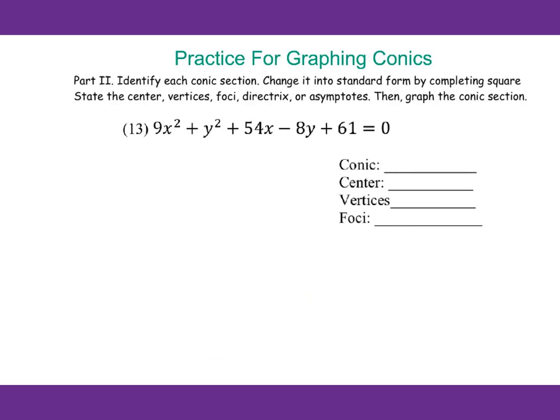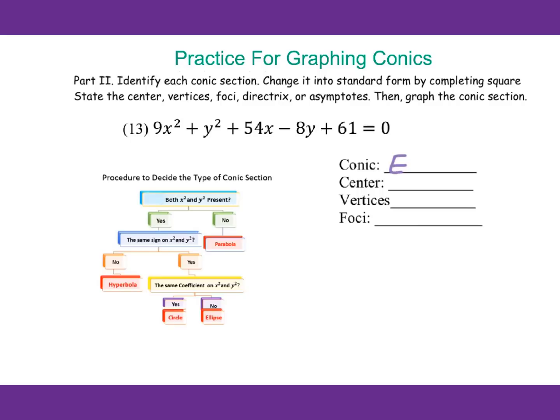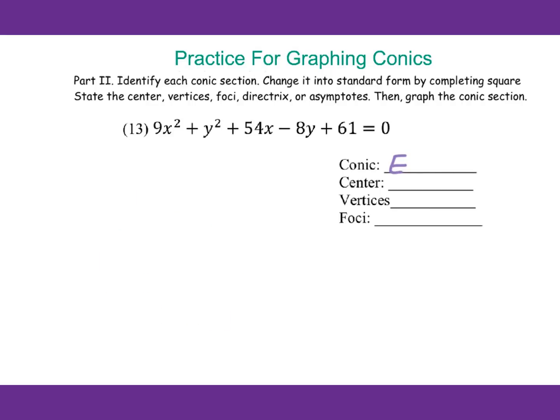For number 13, this will be an ellipse, according to this flow chart. They have the same sign for x squared and y squared, but not exactly the same coefficient. Then we got to change it into standard form by completing the square.